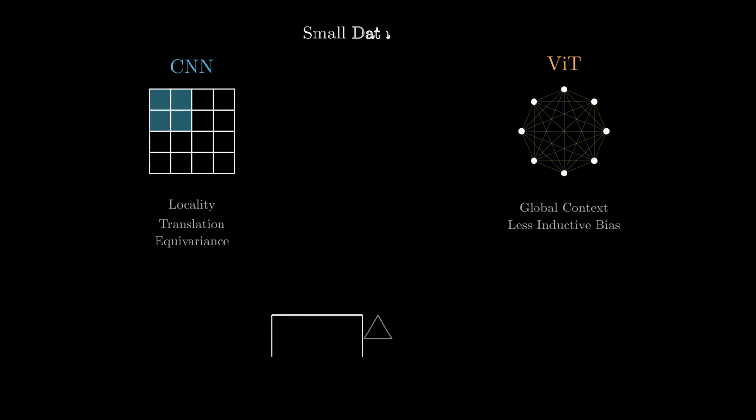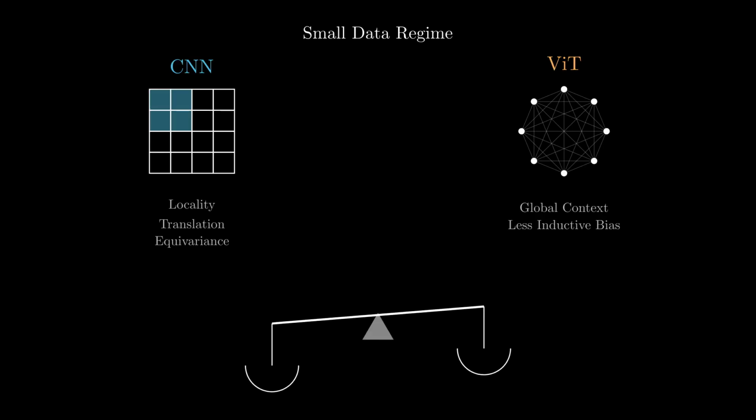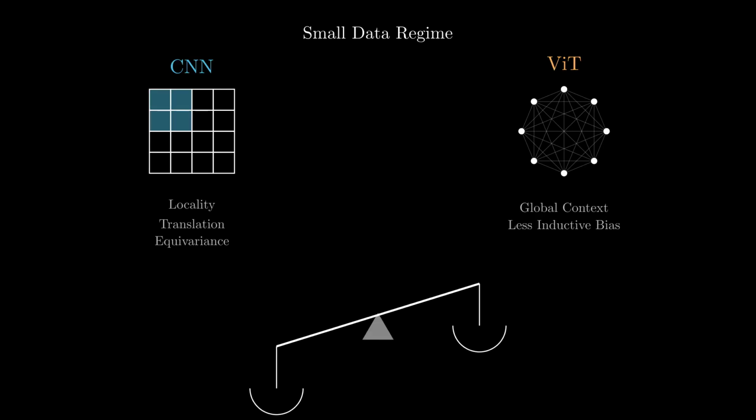Now, let's weigh them against each other. In the small data regime, like ImageNet-1K, the CNN has a head start. Because it already knows about locality, it learns efficient patterns quickly. The transformer, lacking these rules, struggles to generalize and overfits. Here, bias is a benefit, but look what happens when we increase the scale.